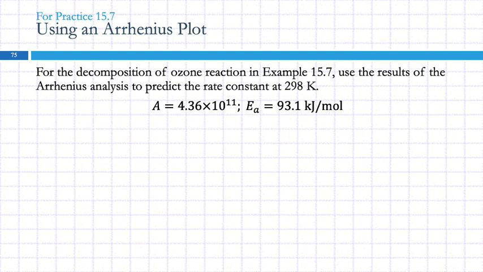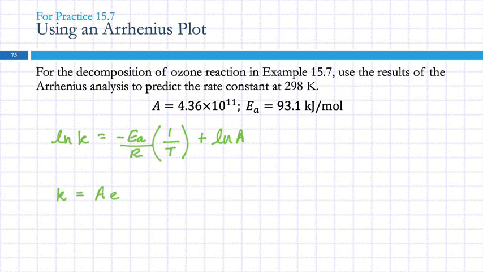So we could use the linear form of the Arrhenius plot to do this. So the natural log of k is equal to negative EA over R times 1 over T plus natural log of A. Or we could use the original A times e to the negative EA over RT.